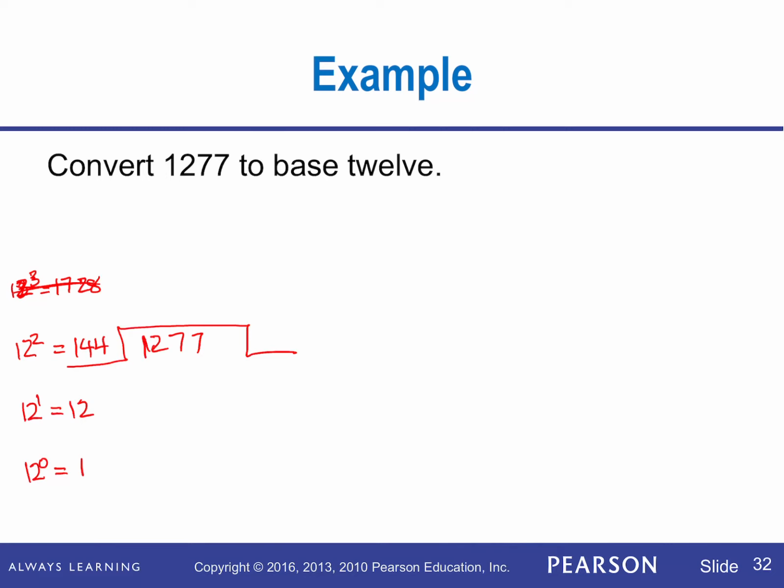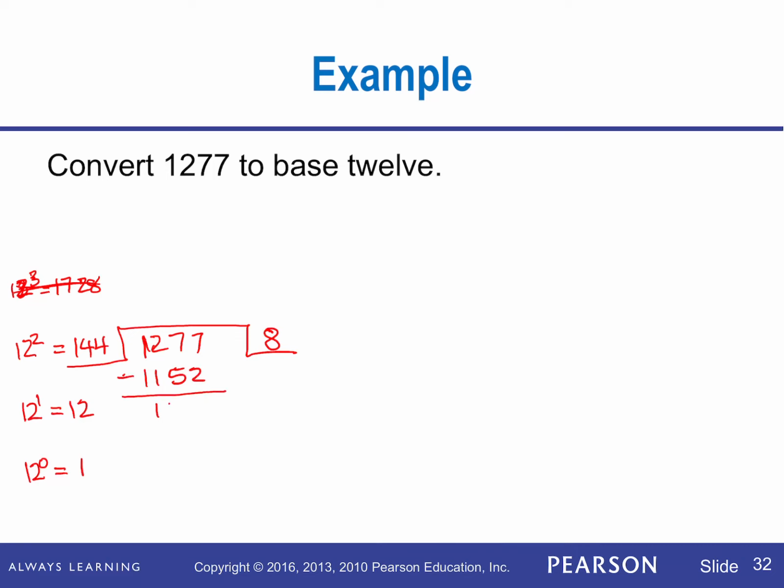Okay, so you should try to figure out what this is yourself. So maybe pause the video and then come back and see what I got. All right, so what I got was 8. If I multiply 144 by 8, I get 1152, and I'm going to subtract that from 1277.